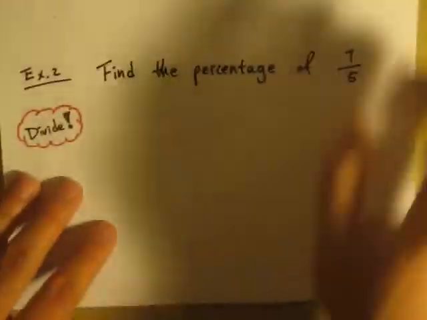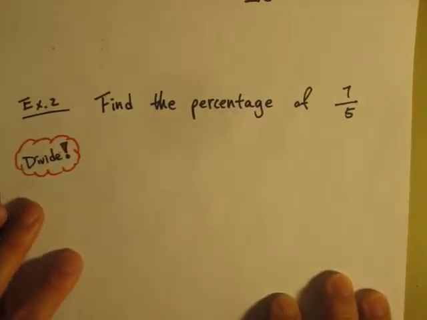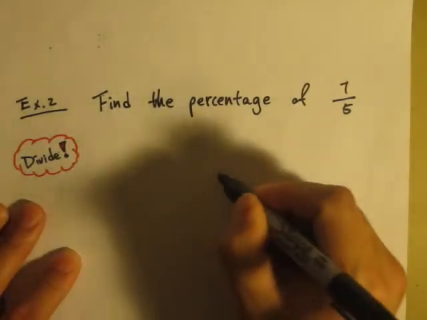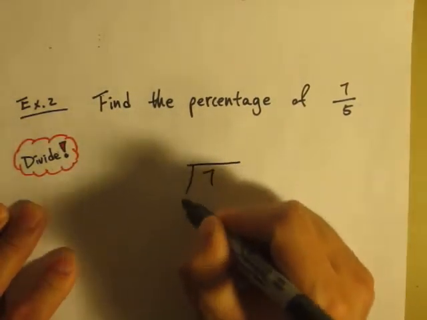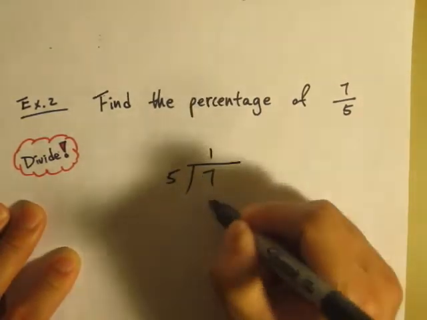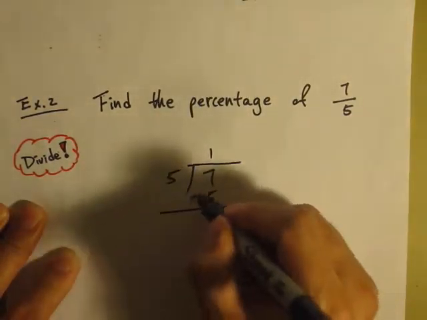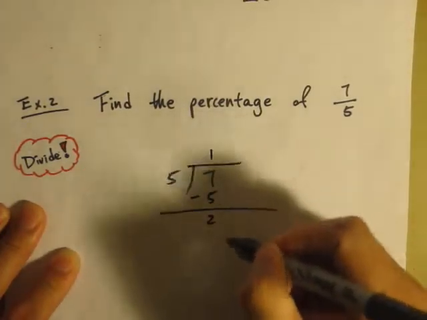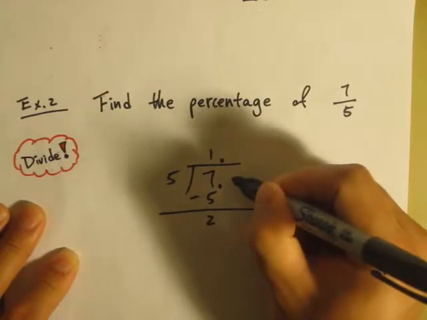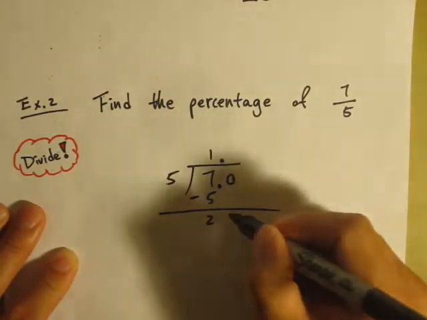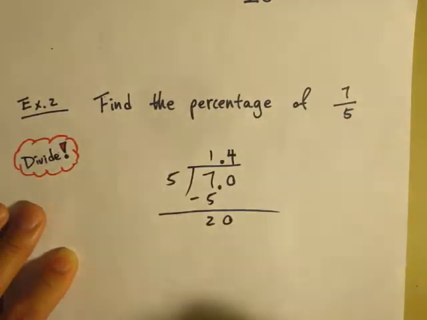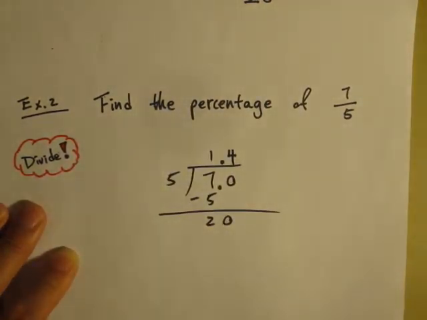Let's look at example 2. Copy down the problem, pause the video, and try to do this on your own. Find the percentage on your own. 7 over 5: again, 7 in the box, 5 on the outside. 5 goes into 7 1 time. 7 minus 5 gives you 2. But we now need a decimal, because 5 cannot go into 2, so let's add a 0 here. 5 goes into 20 4 times. So we have 1.4.